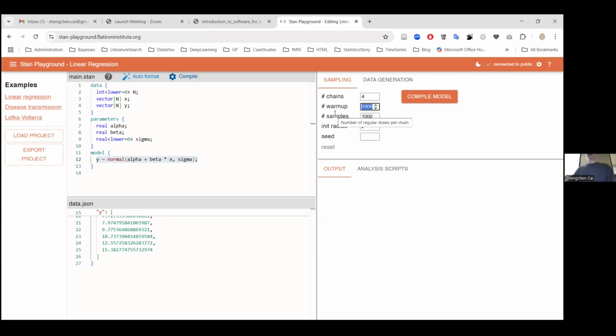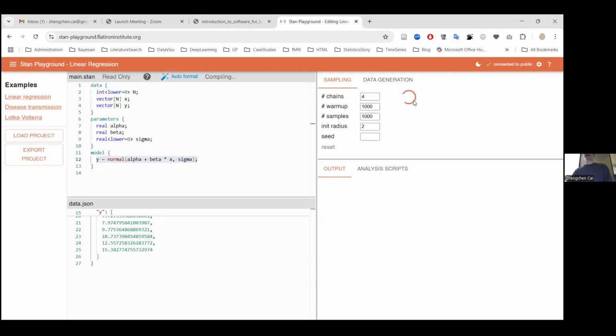And then it will not use those samples, but draw new samples, which will be your real posterior distribution. So for instance, here, I have 1,000 samples, 4 chains, which will give me 4,000 samples in total. This is a typical choice for those sampling parameters if you want.